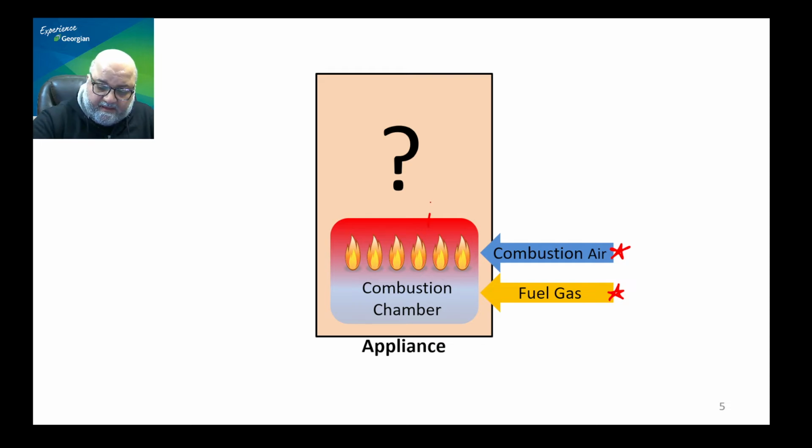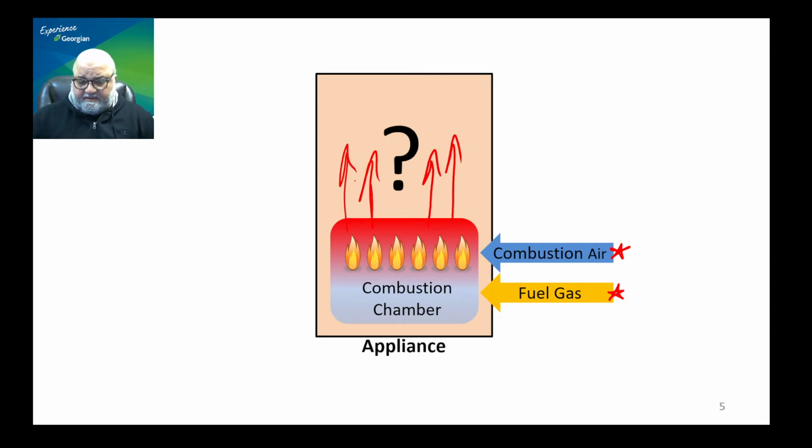Obviously, in this case, they are pretty hot, so they are going to rise. We said there is no motor, so heat rises and they're going to go up. And then what? Going up where, right? They are going into what we call the venting system.